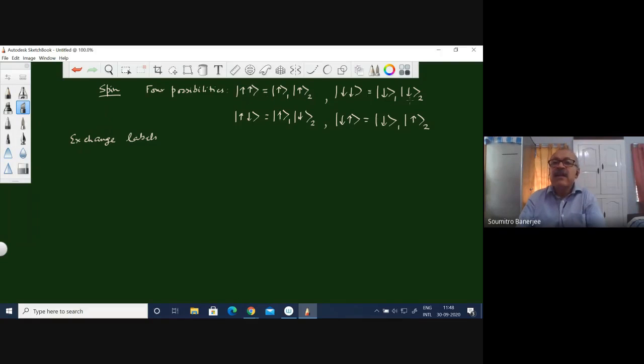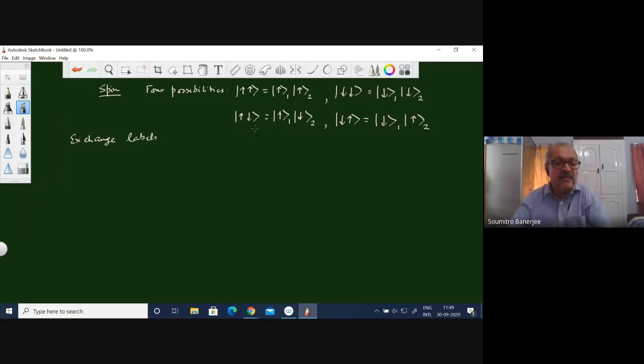For the second one, I exchange the labels, it still remains down, down, and therefore it also satisfies the demand of being symmetric. But this one, if I reverse the positions, is not the same as this, and therefore that does not.